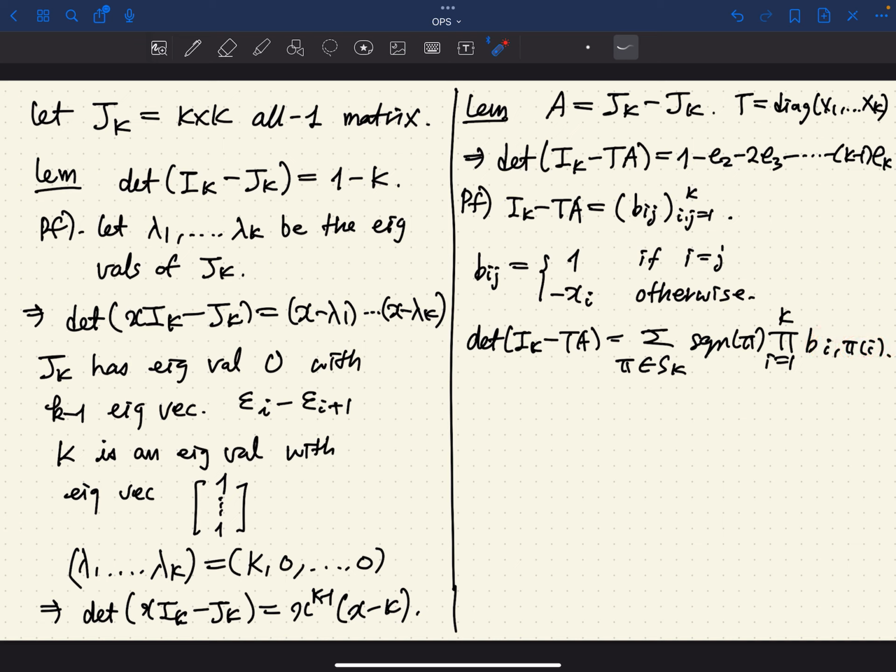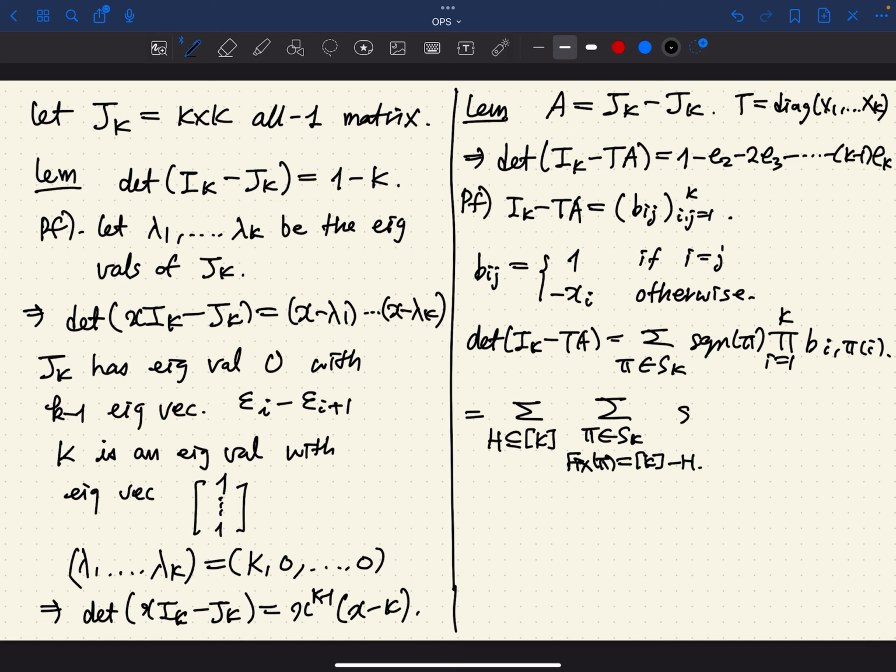So we will divide this sum into cases according to the set of fixed points. H is a subset of K. Actually, H is going to be the set of non-fixed points. So the permutation's fixed point set is K minus H.